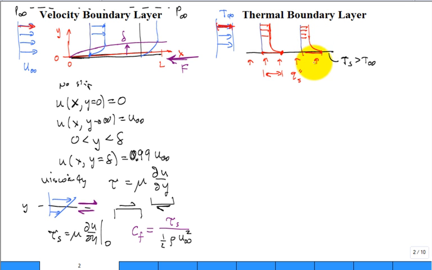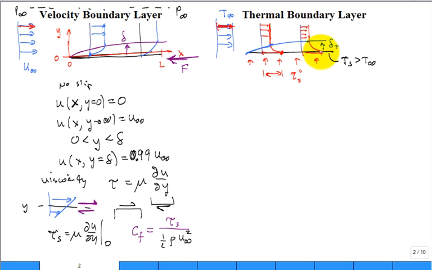it's something like that. So you could talk about the thickness of, or the zone of effect of, that fluid that has experienced a temperature change because of the presence of the hot plate. It'll be deeper the further you go, and now you have the growth of that zone of effect of the temperature.